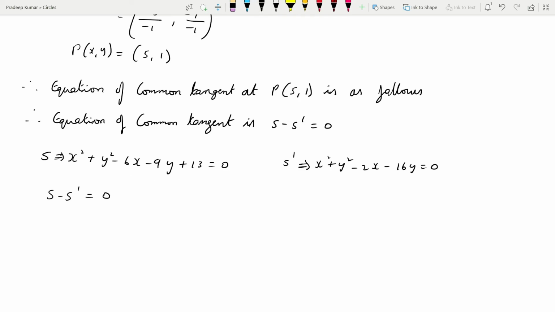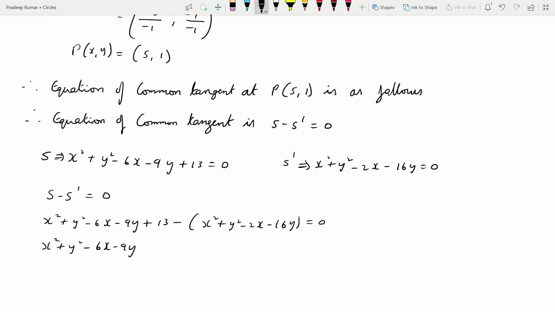S is this complete equation, so I can write x squared plus y squared minus 6x minus 9y plus 13. Whereas for S dash, we will take minus of S dash, which is x squared plus y squared minus 2x minus 16y equal to 0. So let's solve this further. x squared plus y squared minus 6x minus 9y plus 13, and I'm distributing the minus inside, so minus x squared, minus y squared, plus 2x, and plus 16y equal to 0.